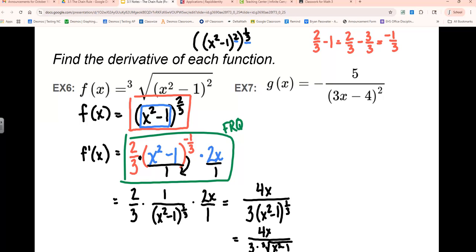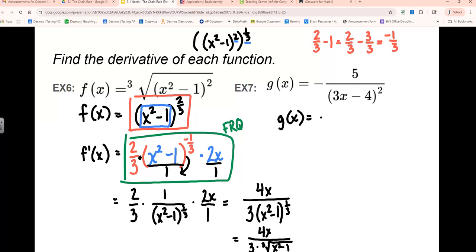Okay? 7. For 7, it looks like a quotient rule problem. But what can we use so that we don't have to do a quotient rule? Negative exponents. So if I rewrite this, it's still g of x, not g prime of x yet.